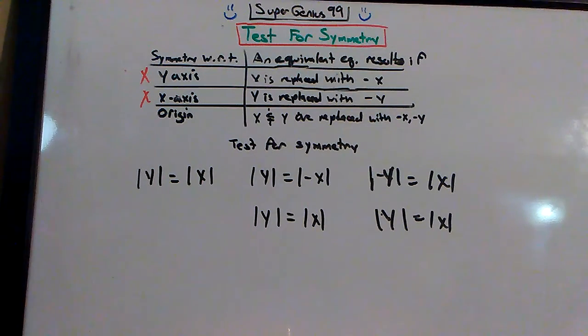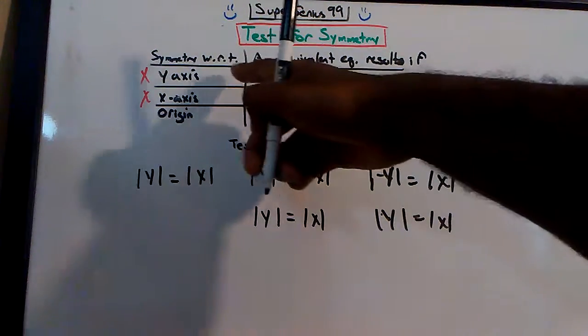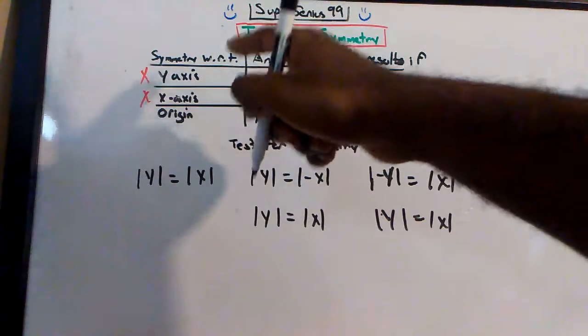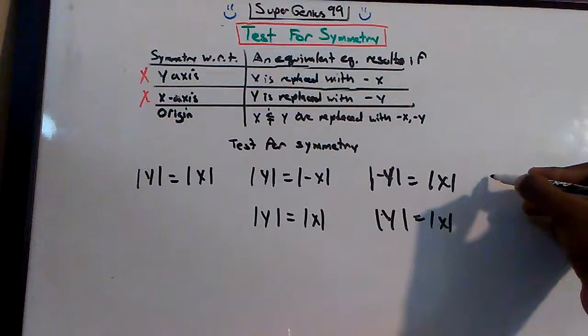The shortcut is if it's symmetrical with respect to the x and the y, it's automatically symmetrical with respect to the origin, not the other way around. But let's go ahead and test it.